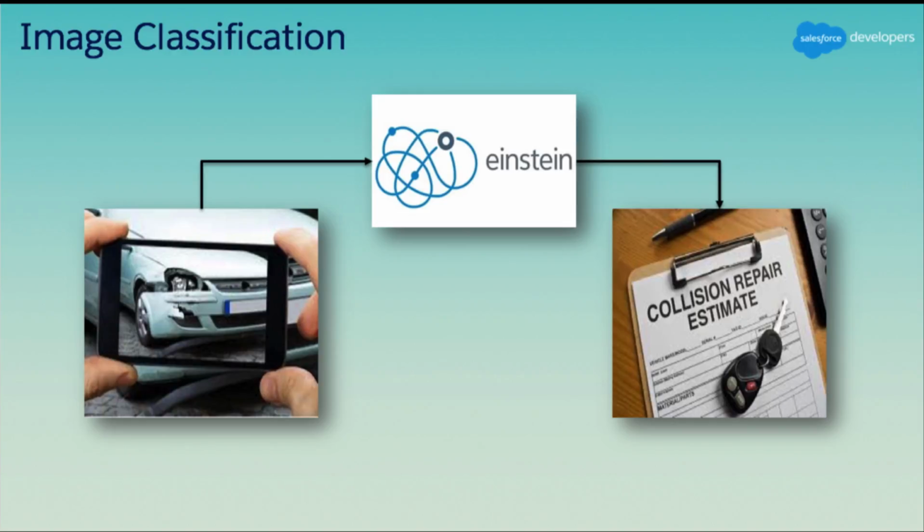If I have a model built which is fed with a lot of different images of car damage, then it can be used to predict the level of damage and thereby predict the repair estimate for this particular car damage or car crash. So that's how you can use image classification.